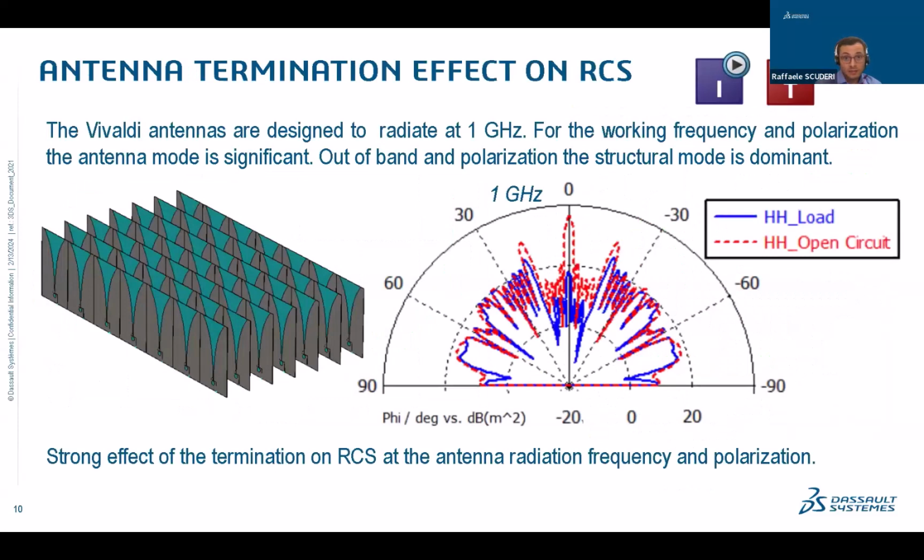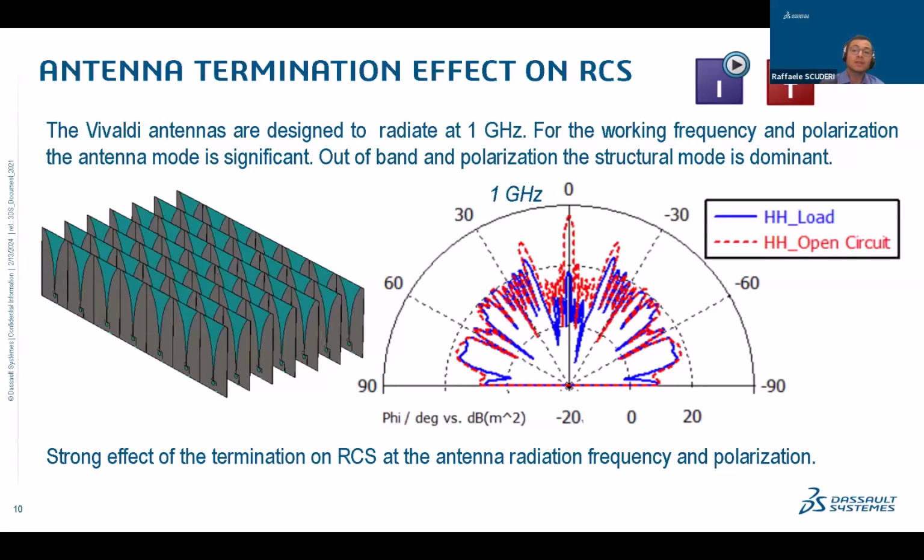A very special behavior can be observed when we study the RCS of an antenna. In fact, an antenna is a device designed to radiate the electromagnetic field in a certain frequency band, and in order to do that, normally it is connected to a feeding network, with all the impedance, the relevant circuit, et cetera.